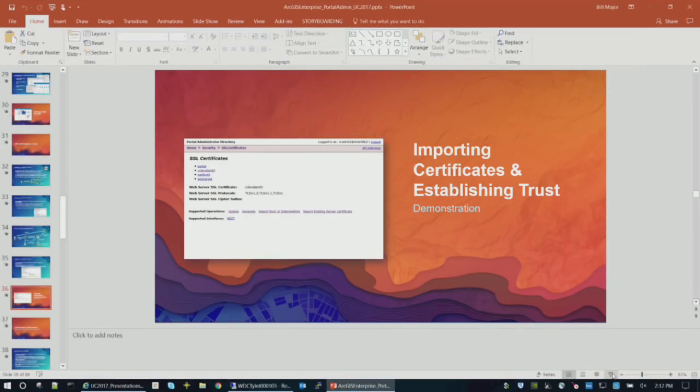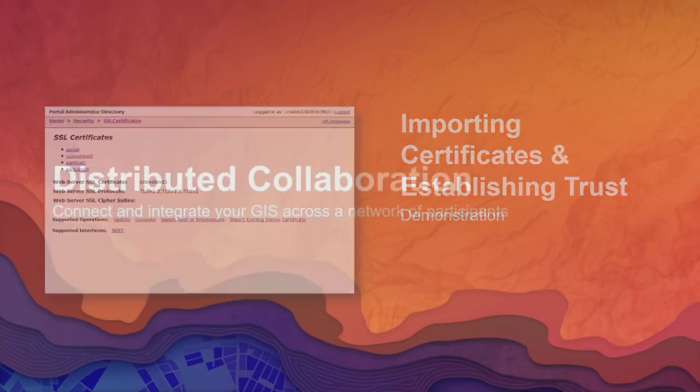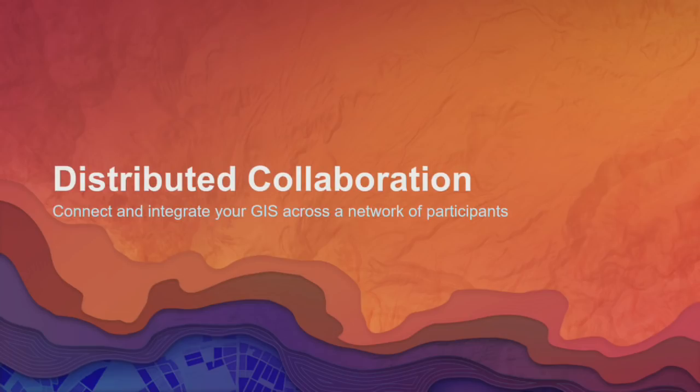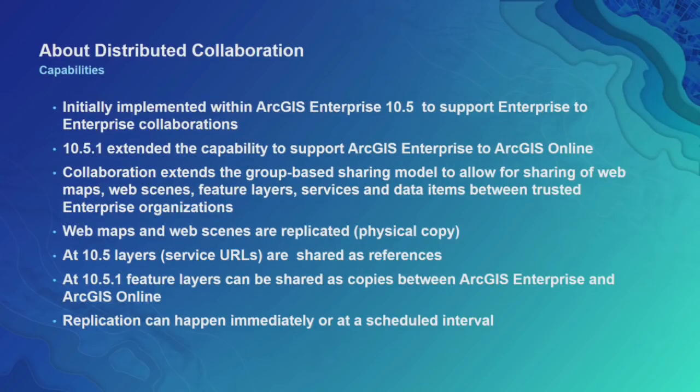Okay, let's move on in the spirit of time. I know I've probably drilled more SSL into you than what you want to hear today. All right, so let's move on to talking about distributed collaborations. Distributed collaborations is a new capability that came about at 10.5. Initially at 10.5, a collaboration could be established between two ArcGIS Enterprise implementations.